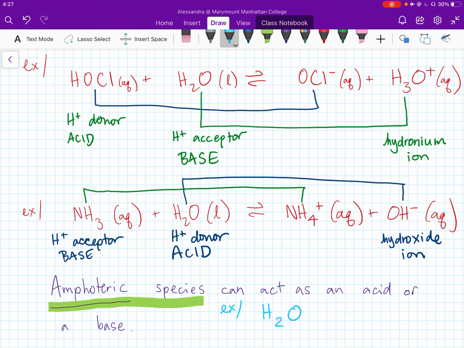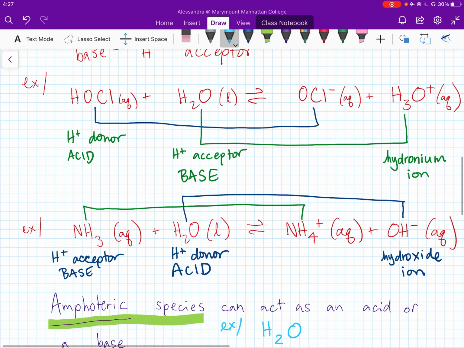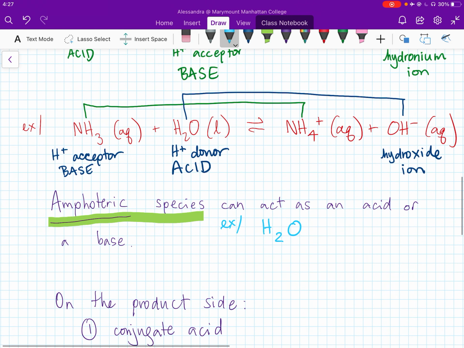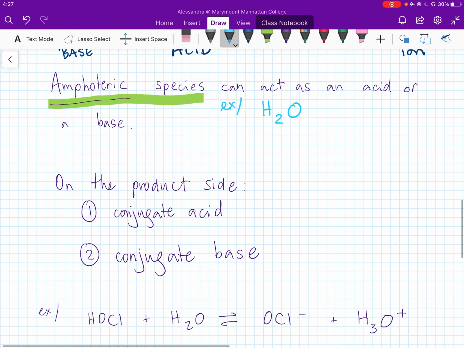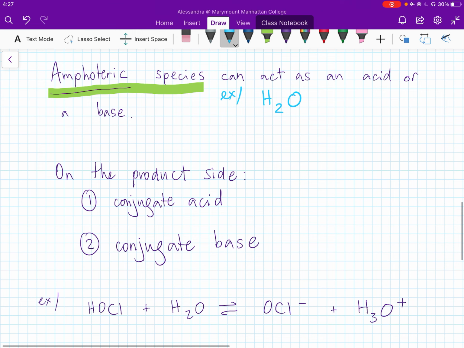So, a few more definitions. On the product side of the reaction, so in these two examples, on the right side of the reactions, we have what's called the conjugates. When we're defining species on the product side, that is to say on the right side of a reaction, we call them conjugate acid or conjugate base. The definition is very straightforward.